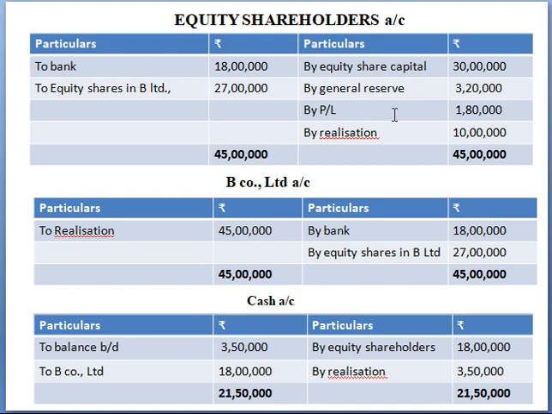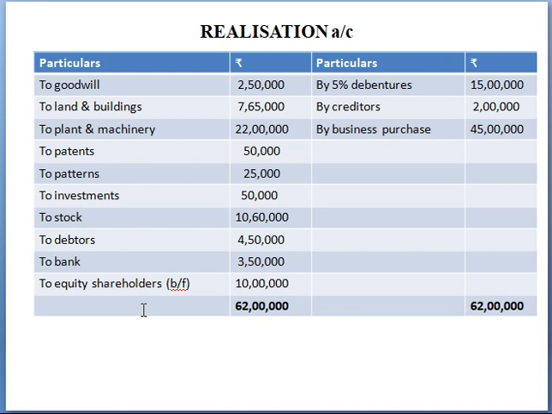So credit the giver and debit the receiver. What do they receive now? They receive two things, right? One is cash 18 lakhs and the remaining 27 lakhs is equity shares in B Limited. That is debited. Now see, already we have entered the equity shareholders account, right? In realization account we debited equity shareholders, and in the equity shareholders account ledger you have to give the opposite credit entry.